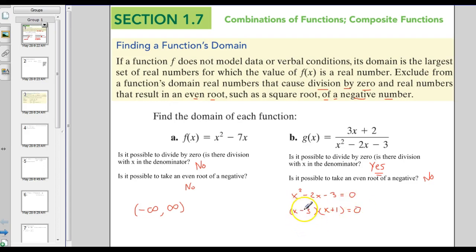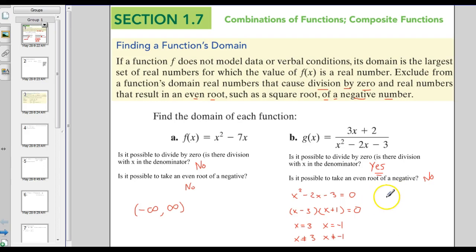So if x is 3, x minus 3 is 0. So x could be 3. This says if x is negative 1, negative 1 plus 1 is 0, and 0 times anything is 0. So if this is 0, x is negative 1. These are the two things that x can't be. So x can't be 3, and x can't be negative 1.